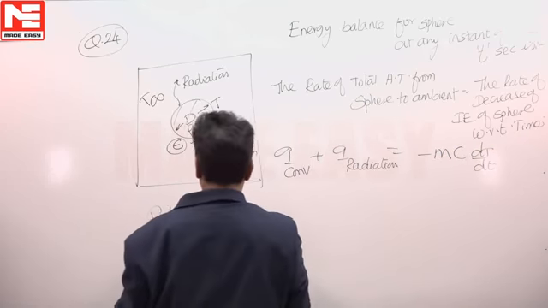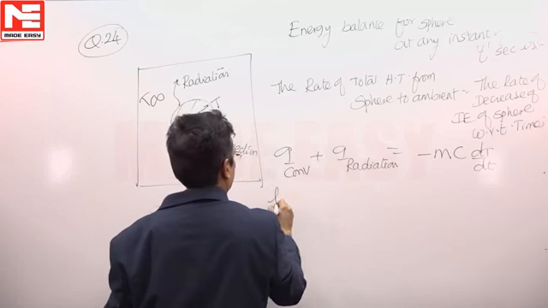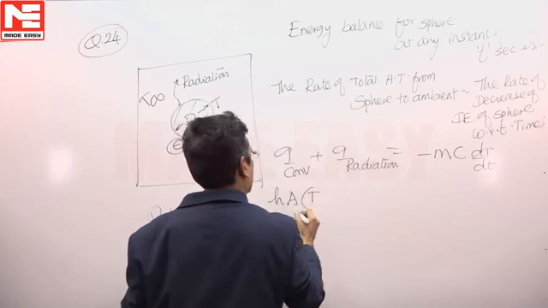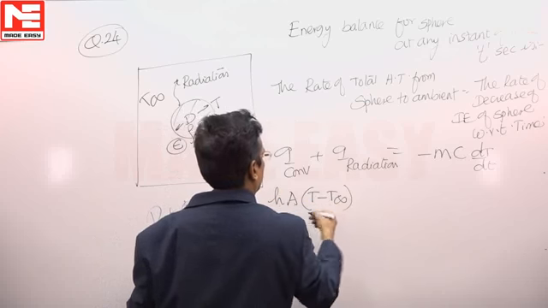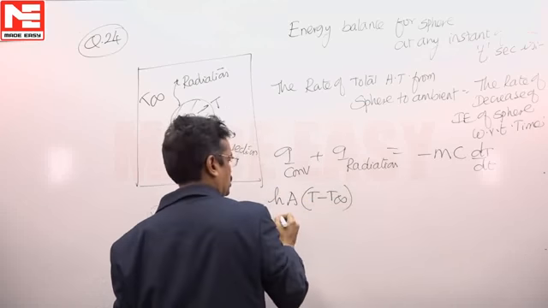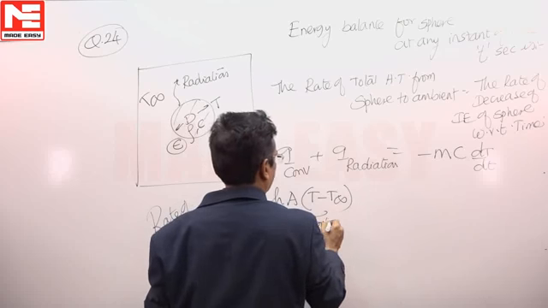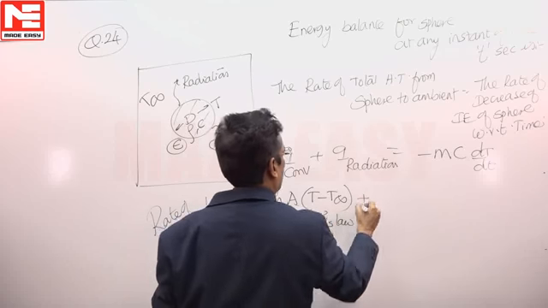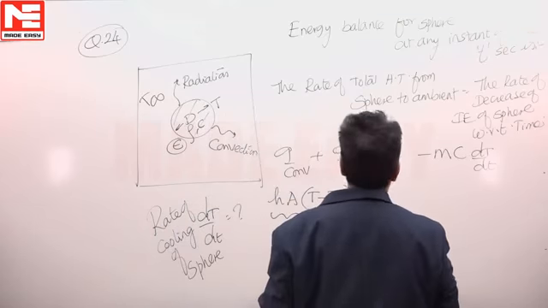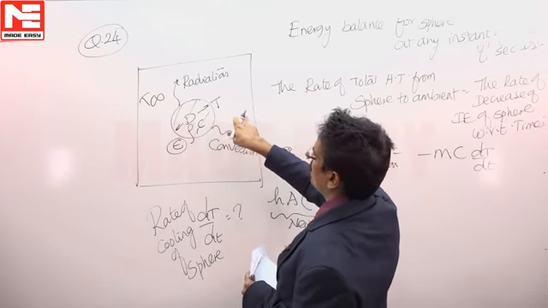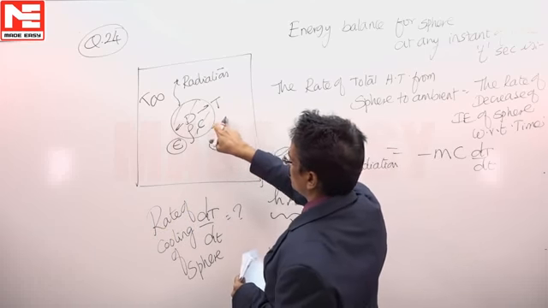We know Newton's law of cooling, that is h A times the temperature of the sphere at any instant of time minus the temperature of the ambient. This is Newton's law of cooling, plus what is the rate of heat exchange by radiation? We can consider the shape factor of the sphere with respect to the ambient as 1, though the other shape factor is less than 1.